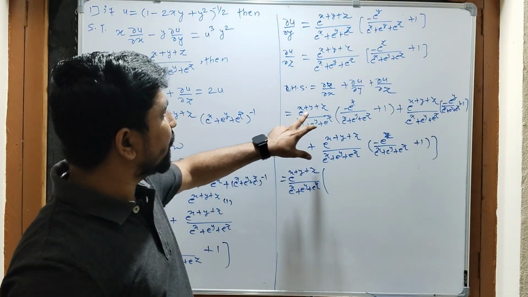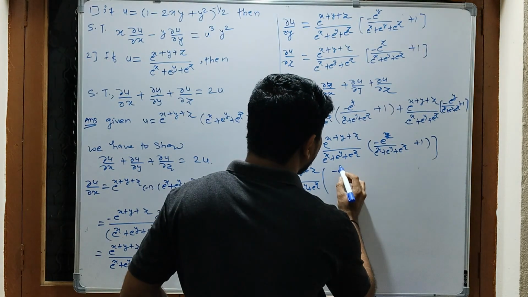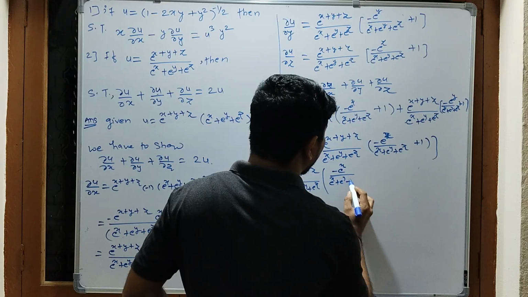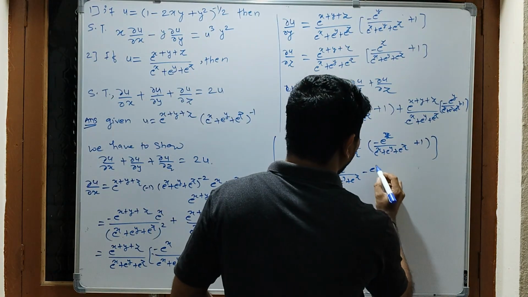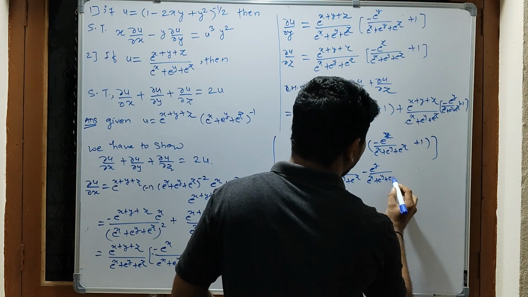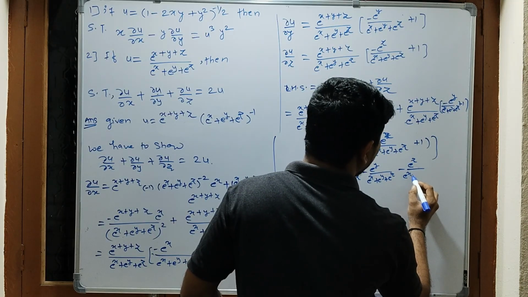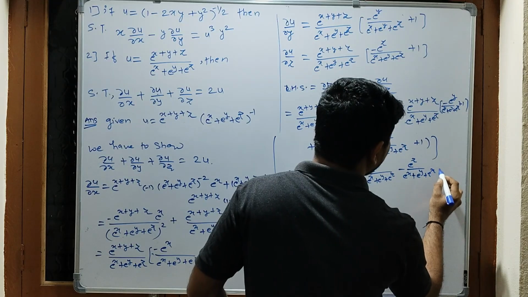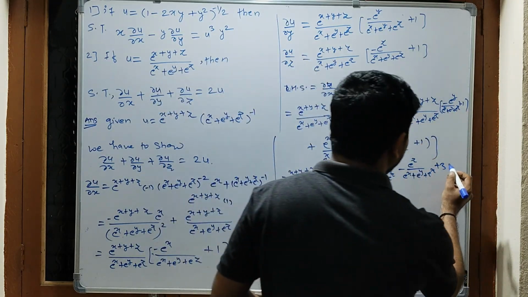So here this is minus e to the power x by e to the power x plus e to the power y plus e to the power z, minus e to the power y divided by e to the power x plus e to the power y plus e to the power z, minus e to the power z by e to the power x plus e to the power y plus e to the power z, this is plus 3. So plus 1 here, plus 1 here and plus 1 here, this is equal to this.